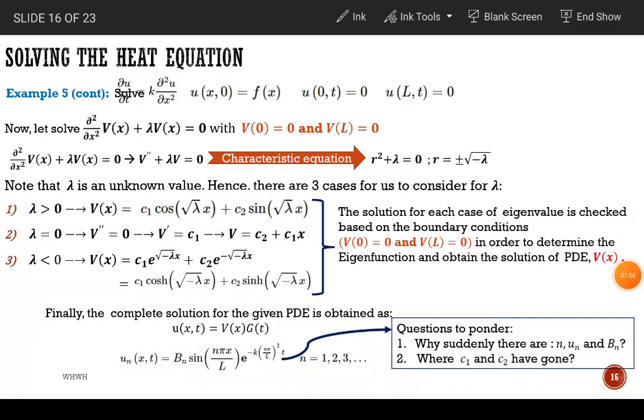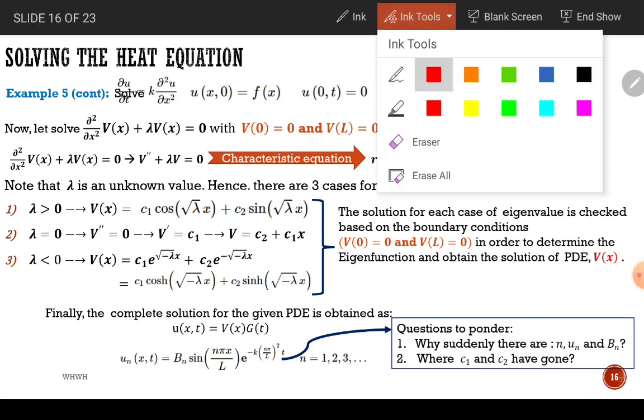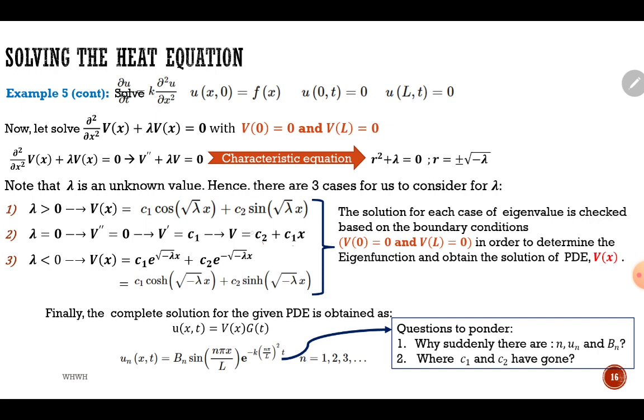Okay, for lambda equals to 0, we have seen the solution is going to be C2 plus C1 x kan. Then our Vx is equals to C2 plus C1 x.